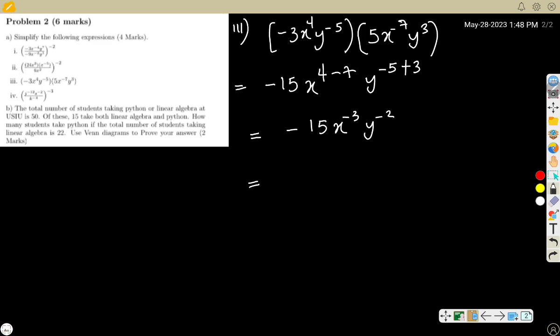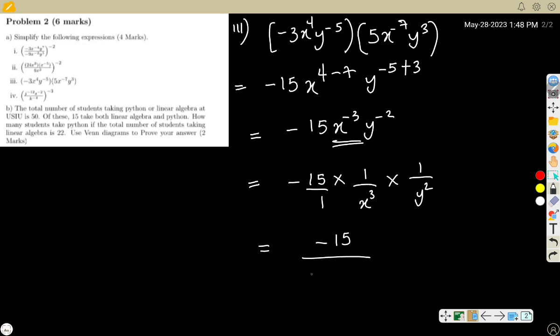So if you stop here, you are free, but we can simplify further. 1 over s cubed, this should be over 1, times 1 over y squared. We change all those minus to 1 over, so this should be minus 15 divided by s cubed y squared. So that's the answer for that question.